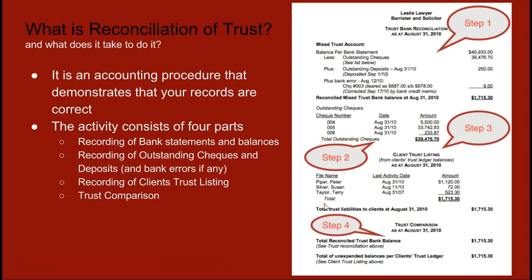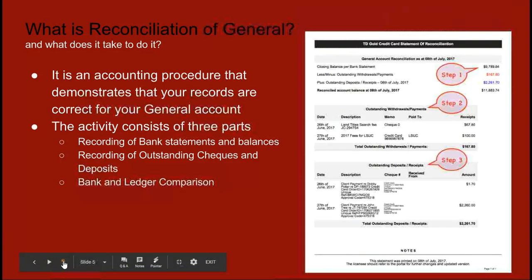Okay? And then the fourth step is basically the comparison between the bank balance, as I mentioned, and the client's trust ledger, or you could talk about the bank versus the bookkeeping software. Okay? Keep it in simpler terms.